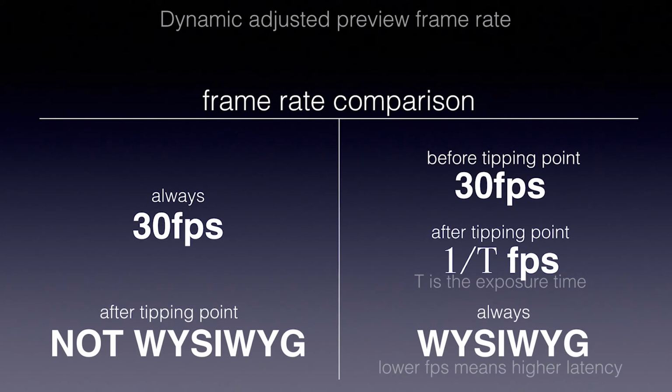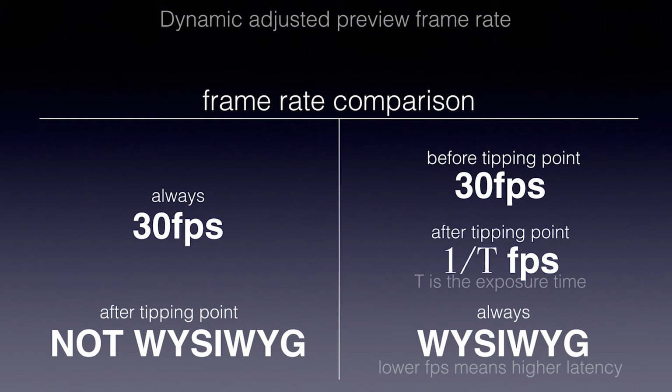Now let's make a frame rate comparison. Before this upgrade, you could always achieve a 30 frames per second preview in your app. But after the tipping point, the situation becomes darker and there's not plenty of light.